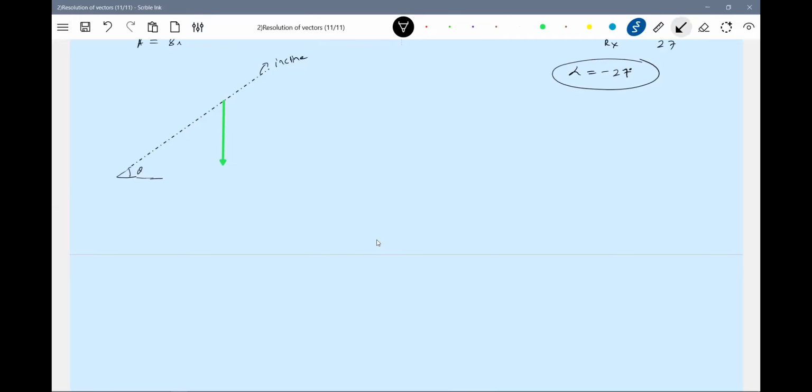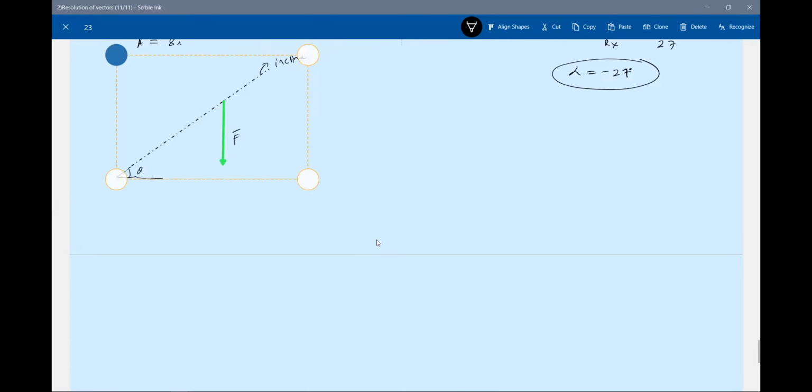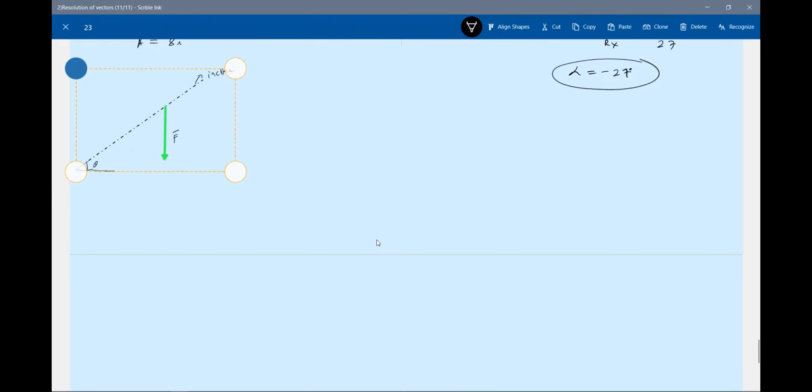I'm asking you to resolve this vector along the incline. Along the incline means how much component will be along the incline and how much component will be perpendicular to the incline. How to resolve this? Okay, the force. It's not only the XY axis. It can be anything.